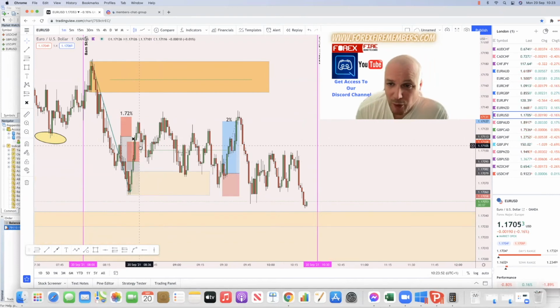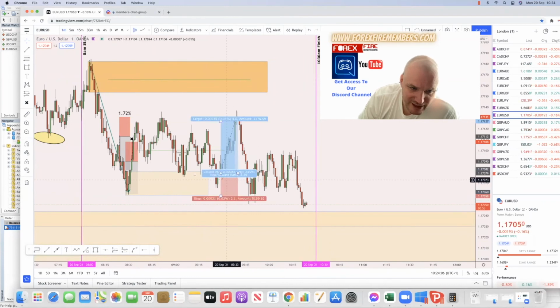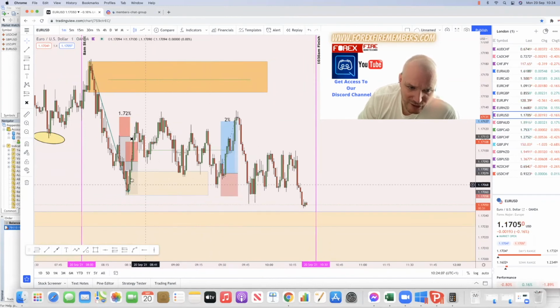So we got a 1.72 win, and then we were more or less in and out straight away on a loss, taking away 1%, giving us a 0.72. Then from there, I was structuring an area with an order block, not on this part here, in fact it was on this part here. We got a 2% win.